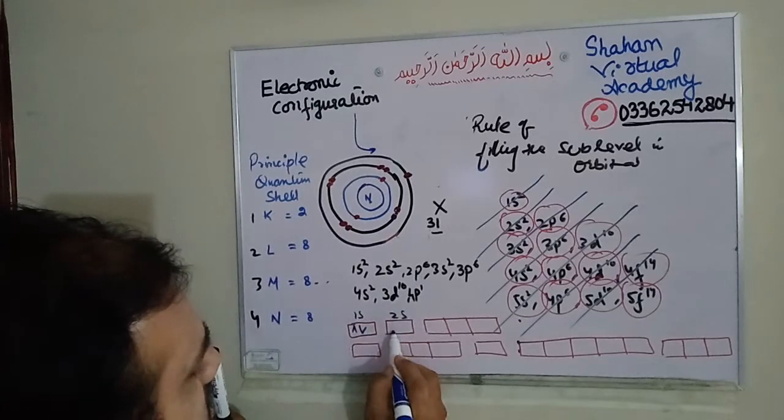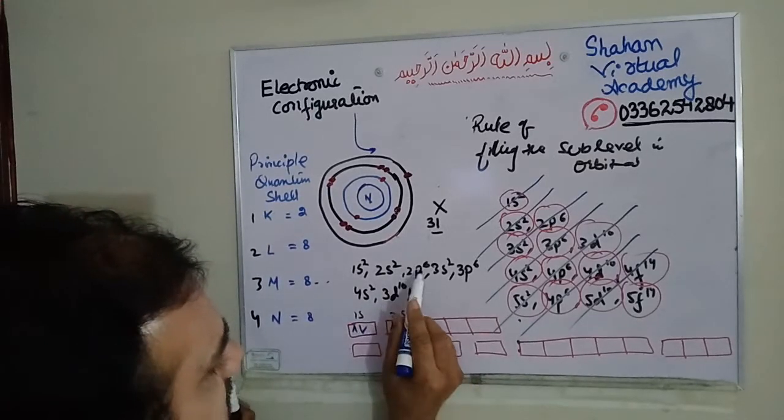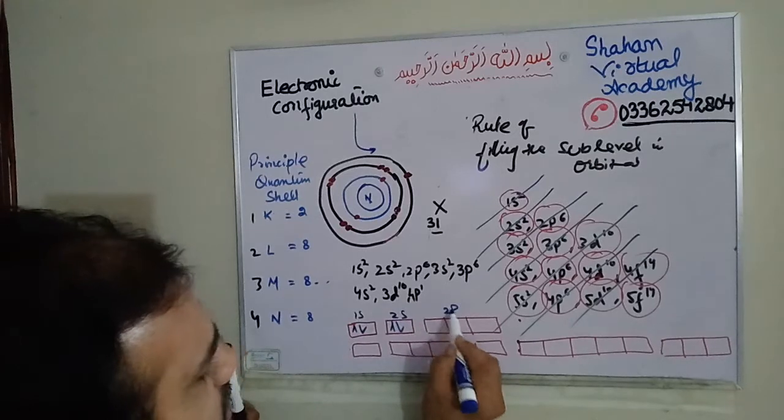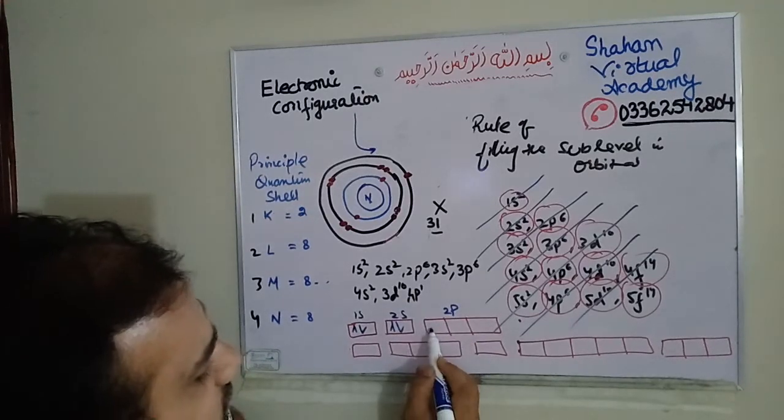This is 2s, 2 electrons filled. This is 2p, with 6 electrons. How are they filled?